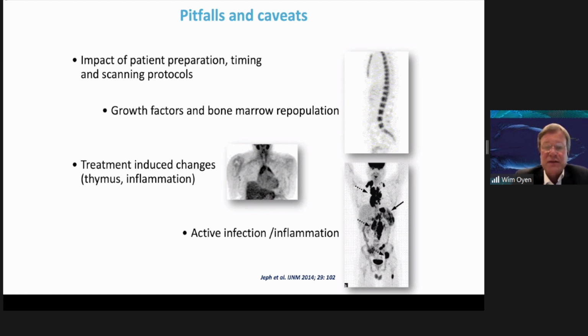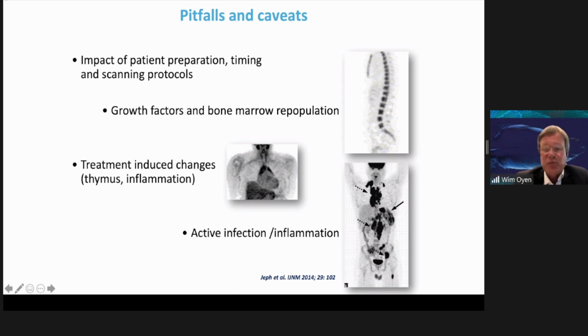Obviously, growth factors and bone marrow repopulation are no friends of FDG-PET CT restaging of the bone marrow, because expanding normal bone marrow will heavily take up FDG. We do see treatment-induced changes, for example, due to a thymic rebound during chemotherapy, but there are also other diseases that may mimic lymphoma.